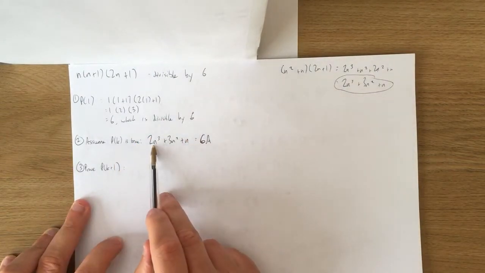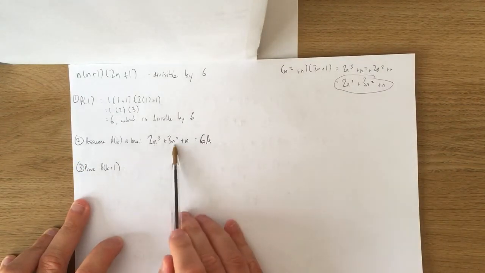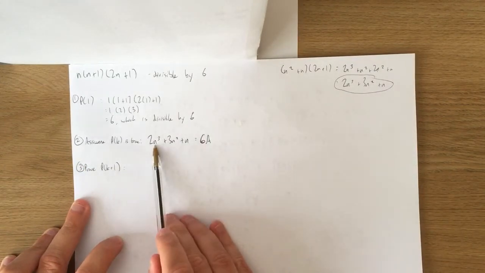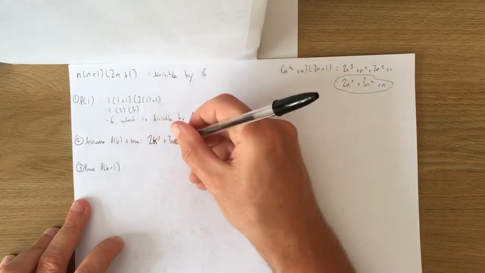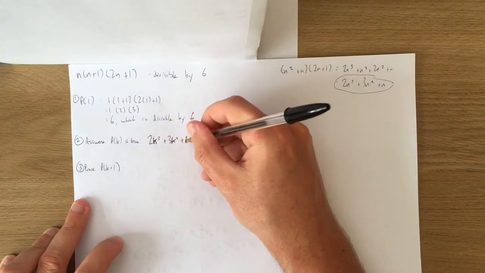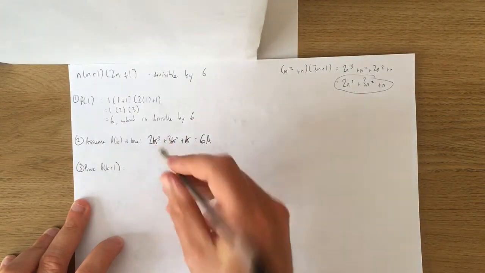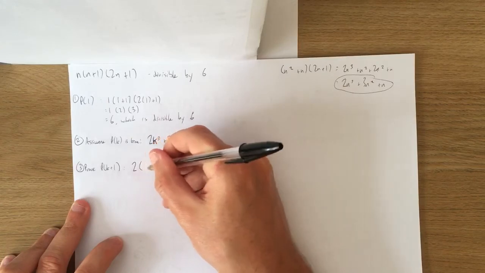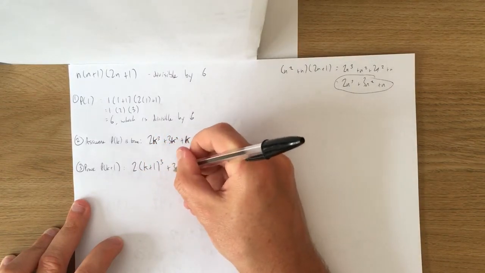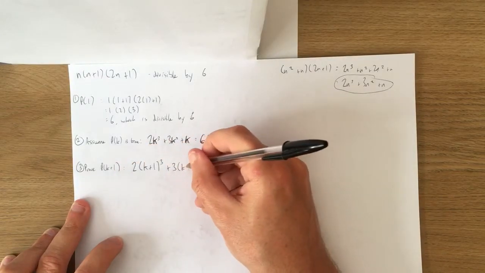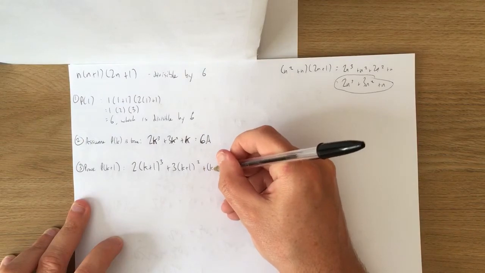So if you want, you can go back and multiply it out again, but look, put k plus 1 in instead of k. Sorry, I should have these in as k's. So it's 2 times (k plus 1) cubed plus 3 times (k plus 1) squared plus (k plus 1).